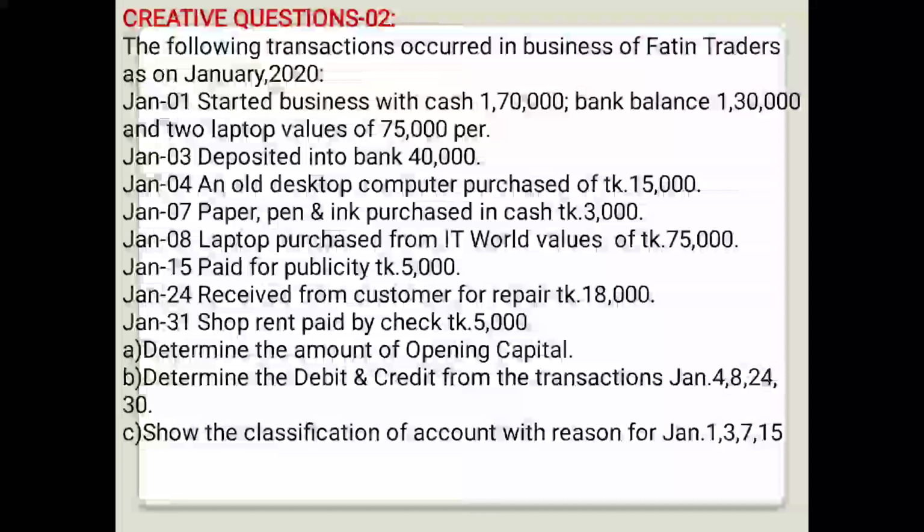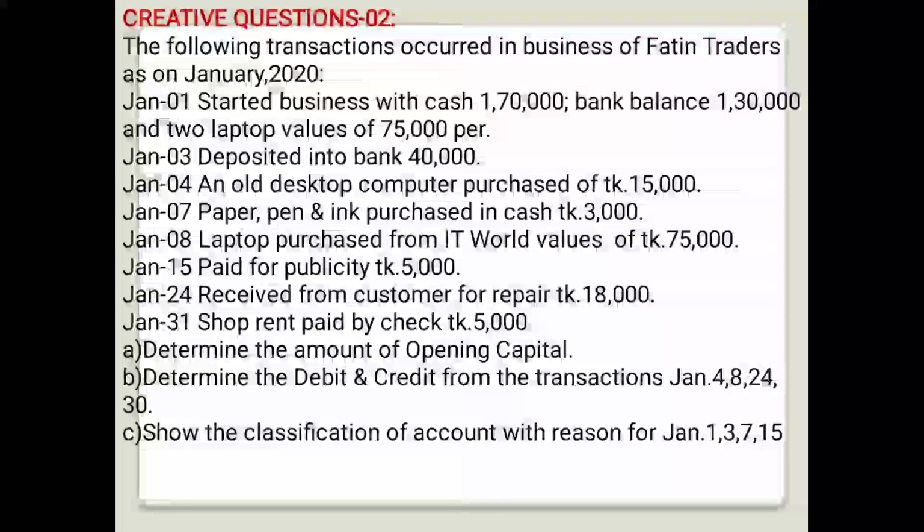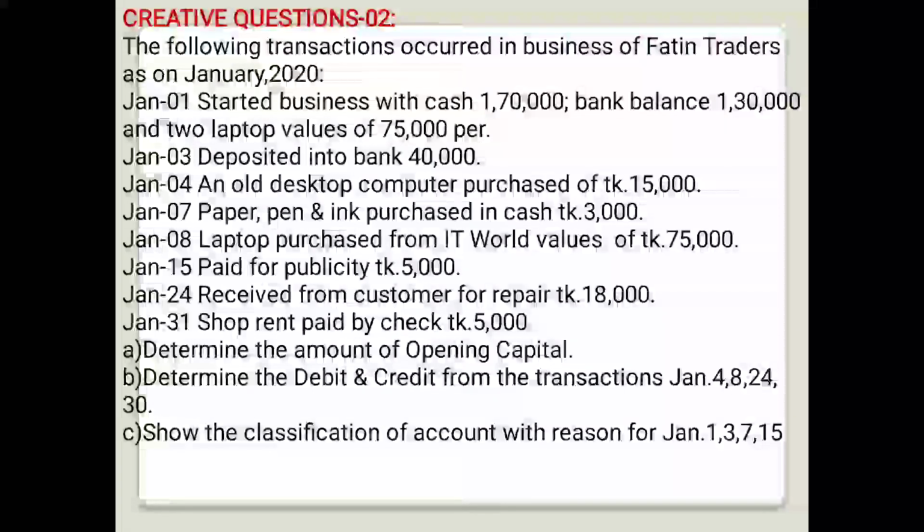So any amount received for repair is one kind of revenue, and what is received is cash. Cash is in the business, so the cash account is debited for this entry and repair service revenue is credited, the source of revenue for this business. So you can write cash account debit and repair service revenue credit.